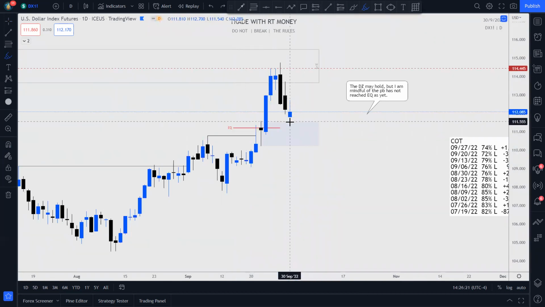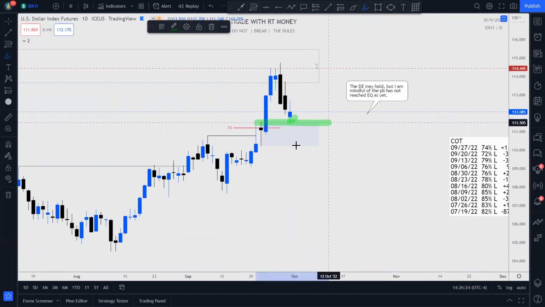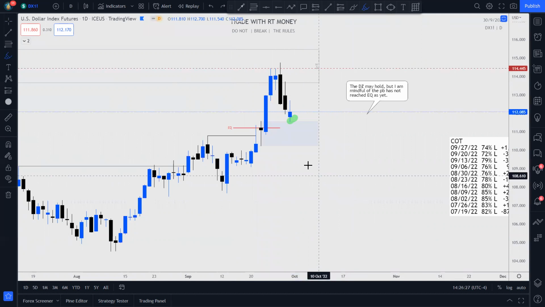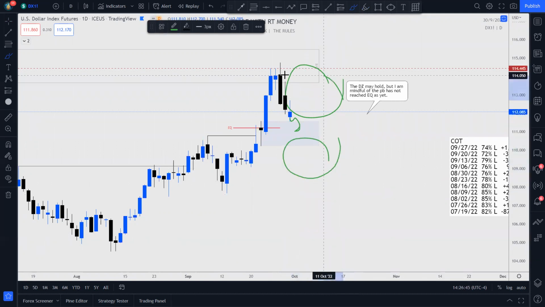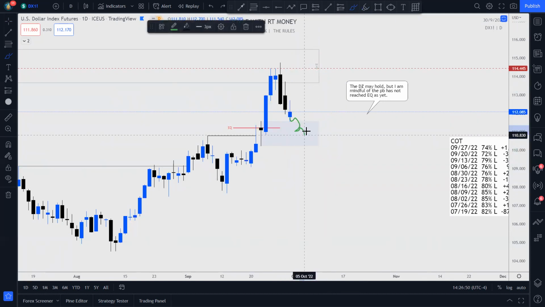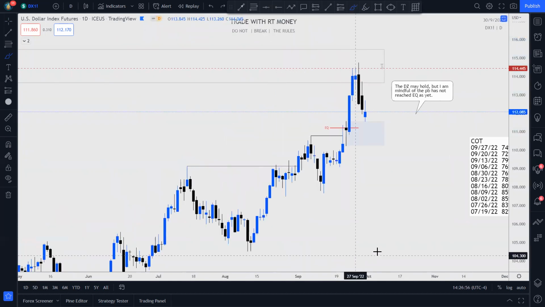That makes me think price could be responding to this daily zone, and we're going to see just how well the daily zone holds, because it can come lower. There's plenty of room for it to come lower, to the equilibrium, going from premium to discount prices. So price could come lower and then start the next leg of bullish impulse. I'm definitely still bullish on this. This is definitely one of the strongest of the currencies.